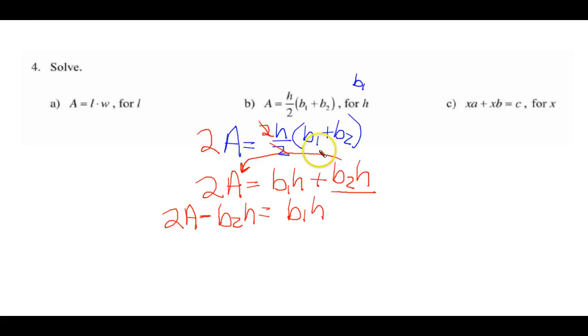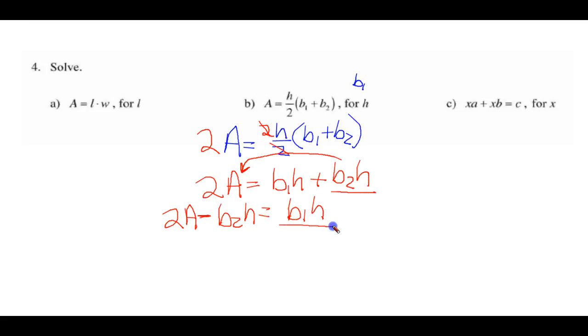So reviewing, I want to get rid of fractions, multiplying every term by the lowest common denominator. Then I want to get rid of parentheses, so I got rid of the parentheses by multiplying every term by H, so I get the B sub 1 by itself. Now to get the B sub 2 H on the other side, I just transpose it, and it changes its sign.